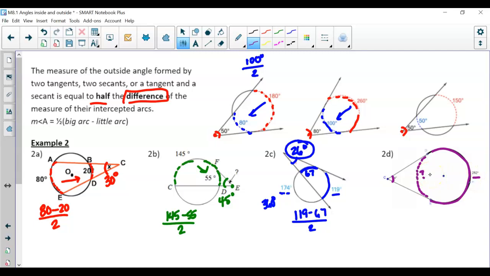Well, these two, the minor arc and major arc, add up to 360. So subtract the 252 now from 360. So this arc here is 108 degrees. Now we can subtract the two arcs, 252 minus 108, and halve it. That's how you get here 72 degrees.